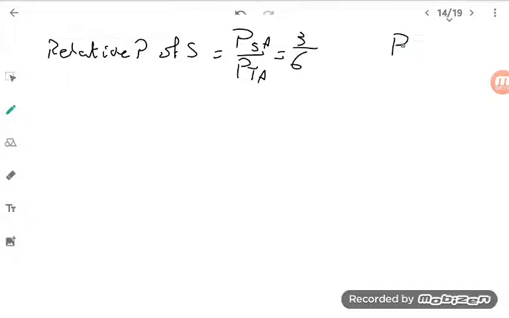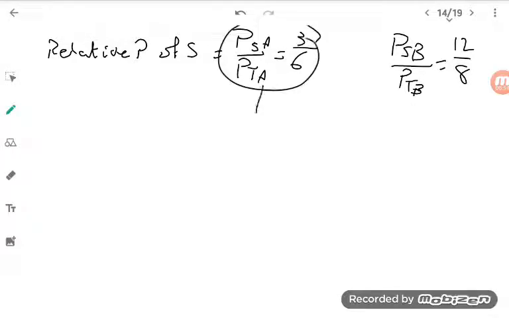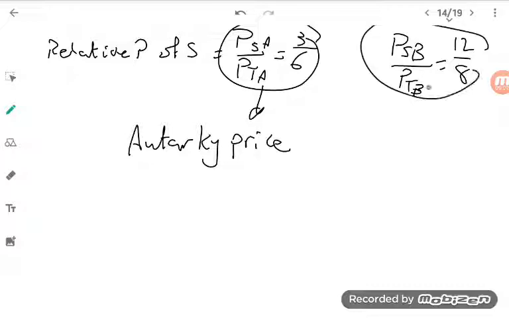And with respect to country B, it will be 12 over 8. This is known as autarky price. Autarky price means price before international trade.